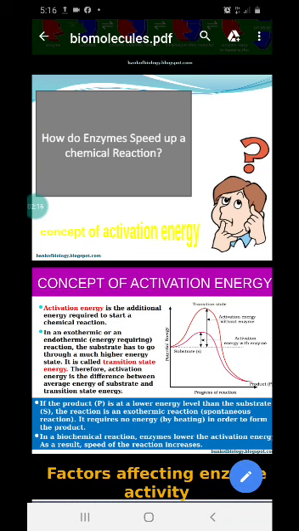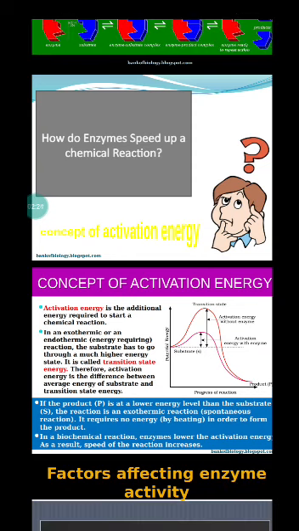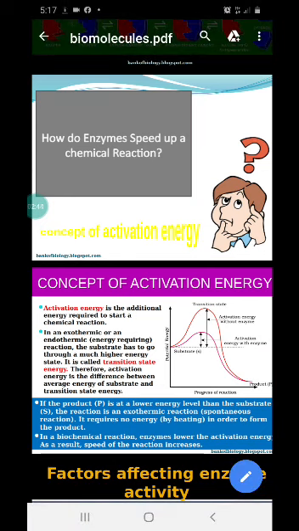In an exothermic or an endothermic reaction, the substrate has to go through this much higher energy state. Therefore, activation energy is the difference between the average energy of the substrate and the transition state energy.